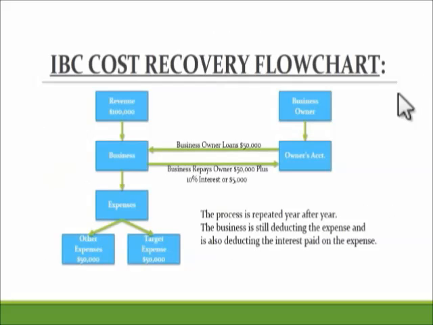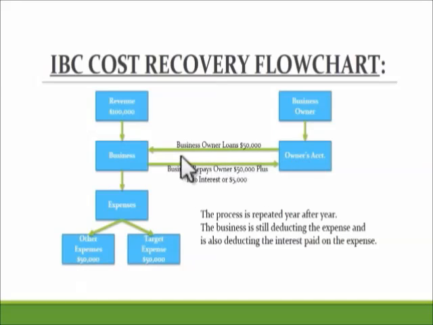Here's a flow chart that further illustrates this method. Again, the business owner, you are still depositing money into the account that's then offered to your business as a loan. Your business still is receiving revenue to pay expenses. You have $50,000 over here in other expenses.